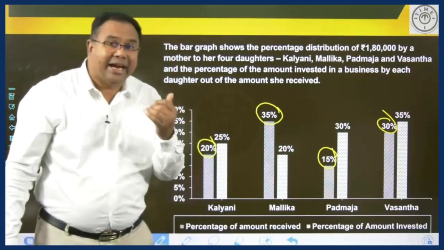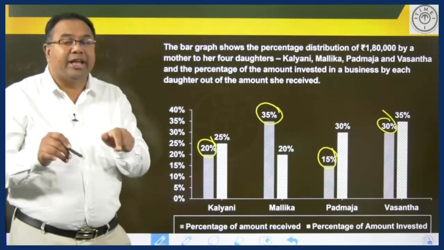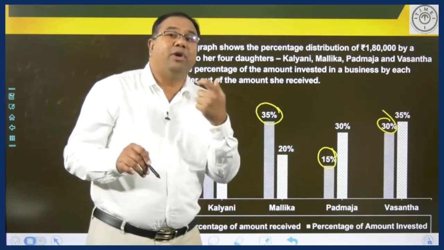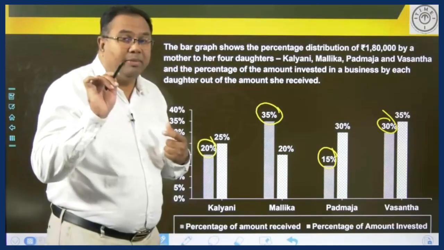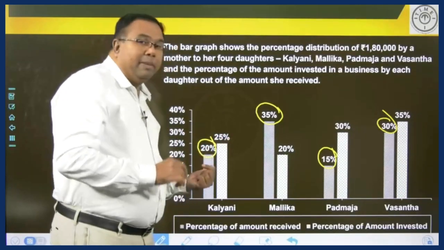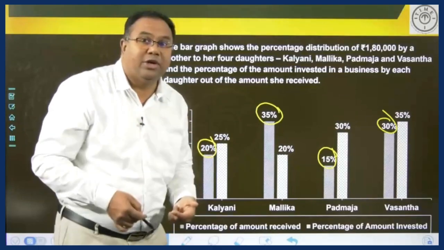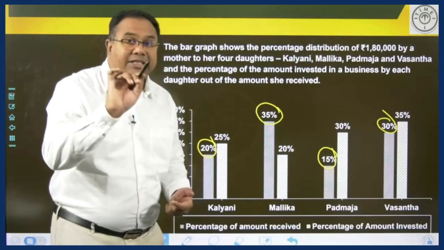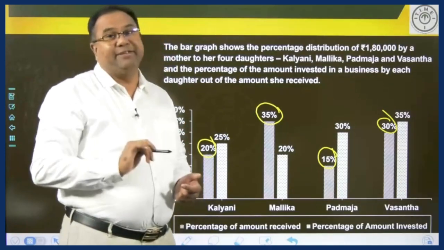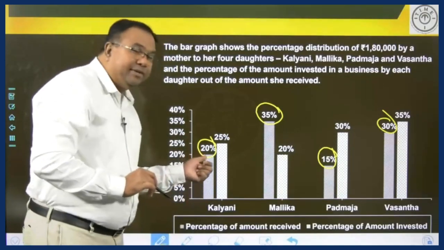Then what about your second bar? The second bar is talking about the amount invested by the daughter out of the amount received. See, friends, don't misunderstand this set, please. She has got 20%. How come she has invested 25%? She has not invested 25%. She has invested 25% of the amount received. How much has she received? 20.